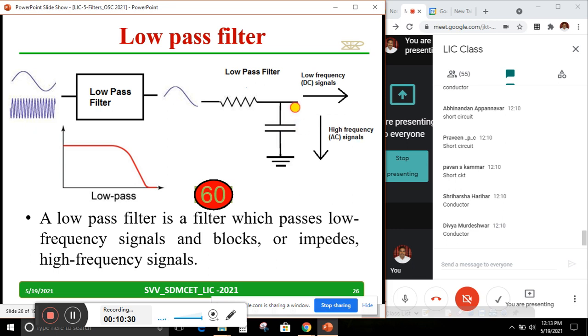At higher frequency, the capacitor definitely acts as a conductor, so those will be grounded and you won't get them. Hence only low frequency you will get as output for one RC combination. If I reverse the position of these two, it automatically becomes a high pass. Lower frequency will be blocked here only because of C. I'll wait another 10 seconds, then we'll go to the next.